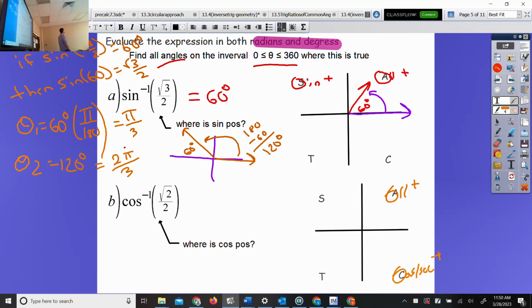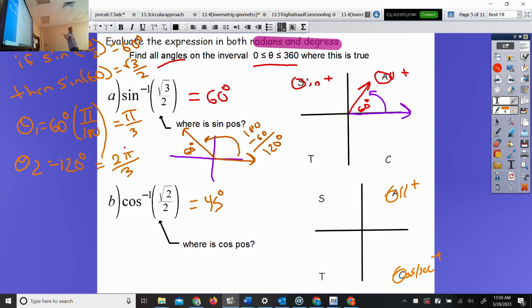See what your calculator says the arc cosine of root 2 over 2 is.